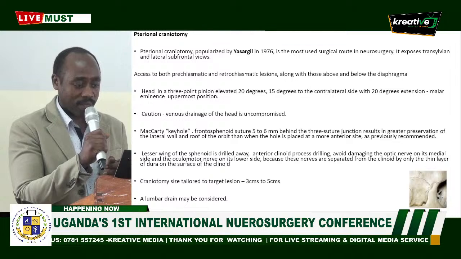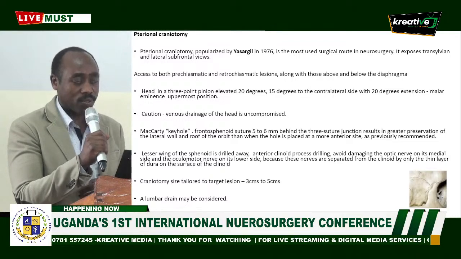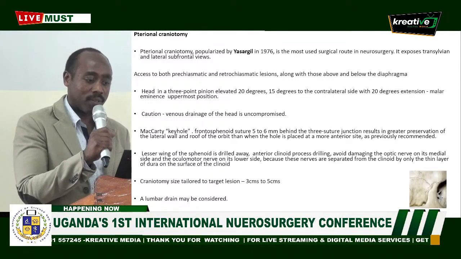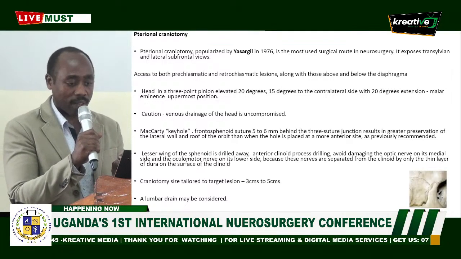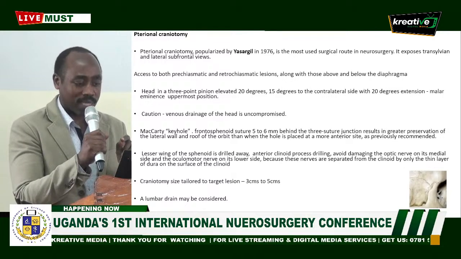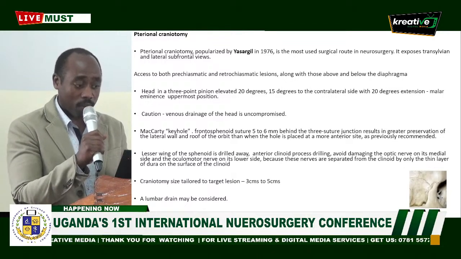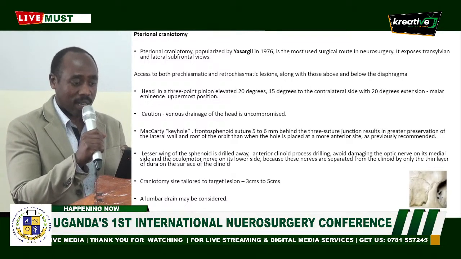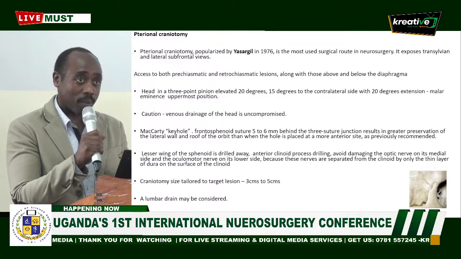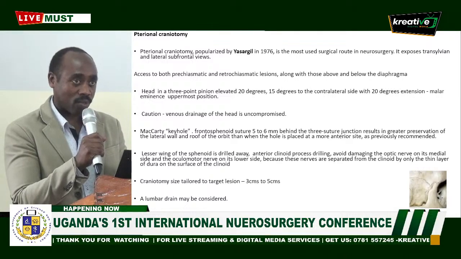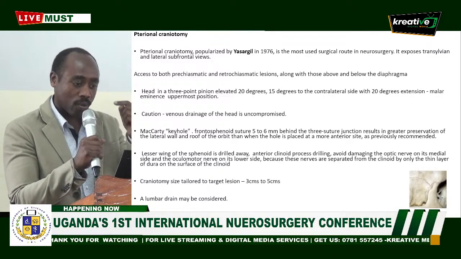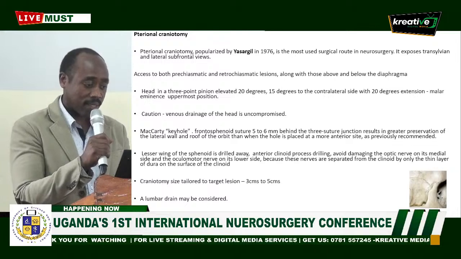Usually, when you place this keyhole at the frontosphenoid suture, which is basically 5 to 6 millimeters behind the 3-suture junction, it leads usually to more preservation of the lateral orbital roof as opposed to putting it more anterior as previously recommended. This is the most recent recommendation regarding where you're going to put your keyhole, for the residents.